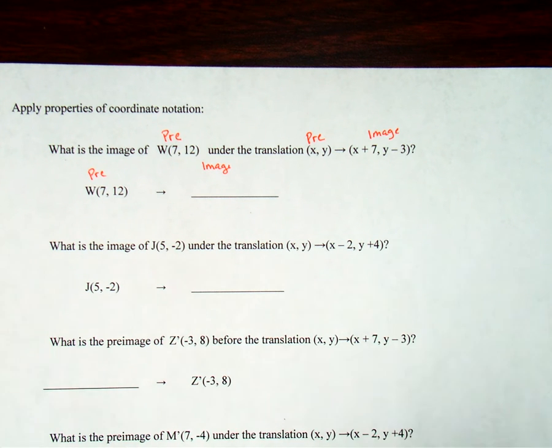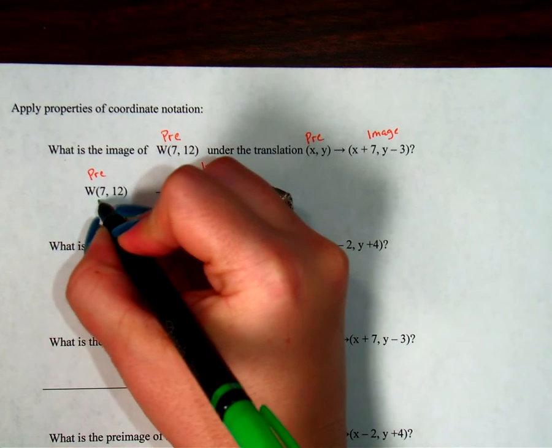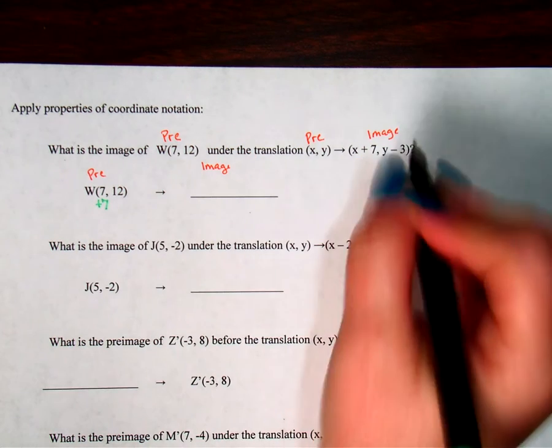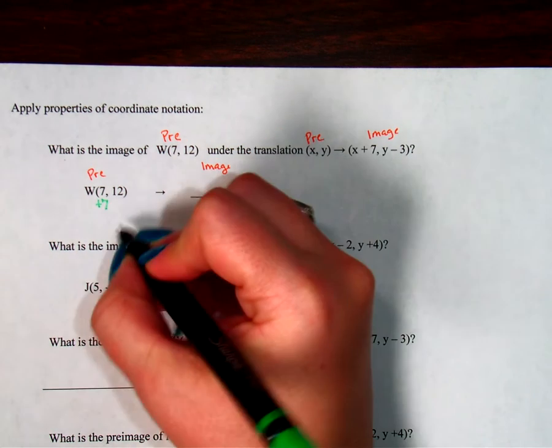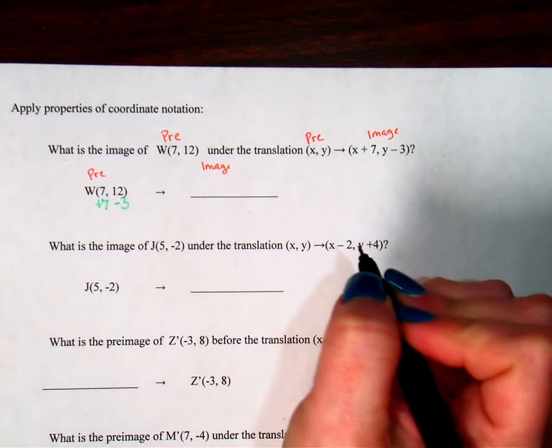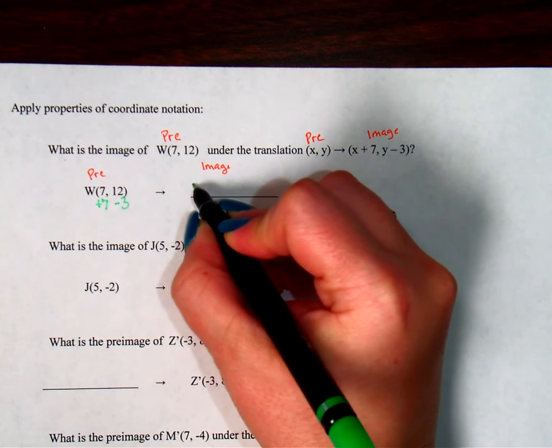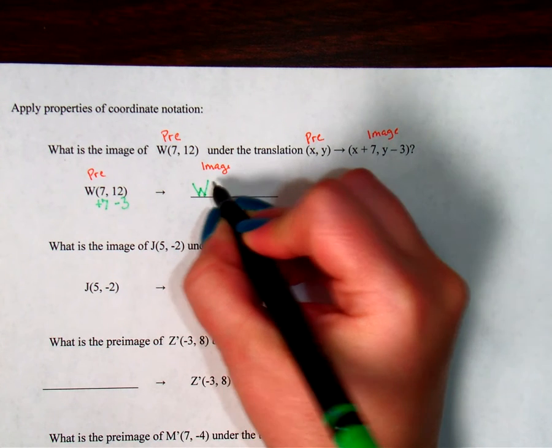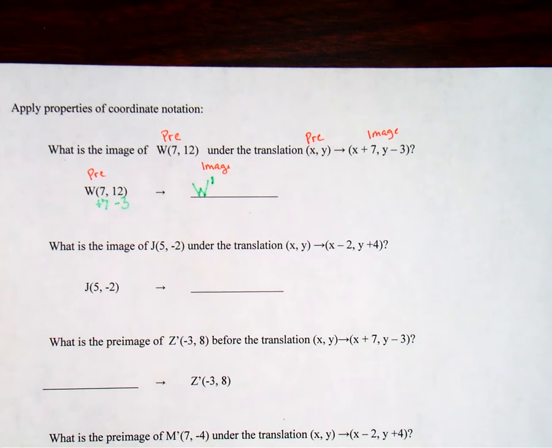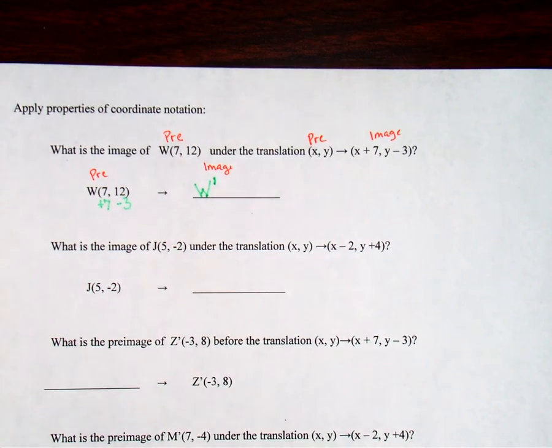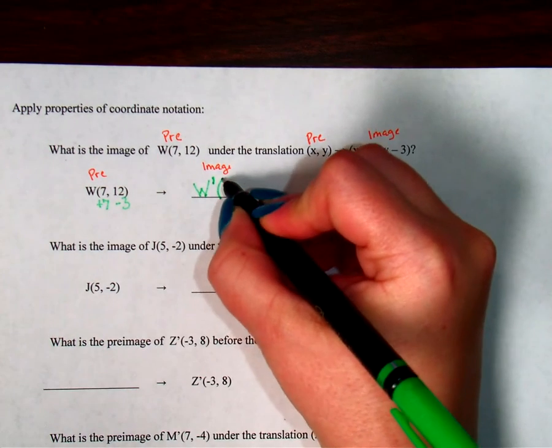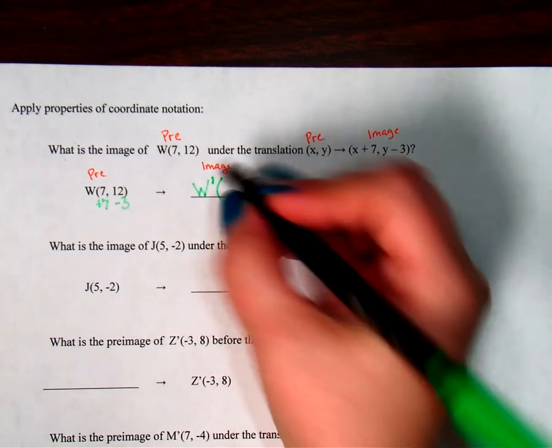So if I do that, I'm going to add 7 to the x value, and I'm going to subtract 3 from my y value. And that's going to give me my image, which is going to be labeled W prime, because it's my image. Okay, so when I add 7, 7 plus 7 is 14.